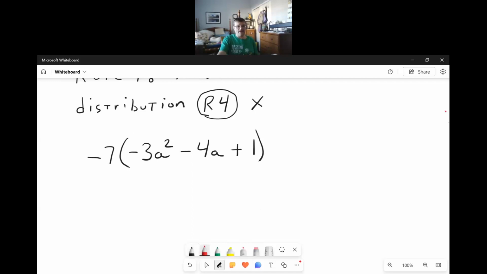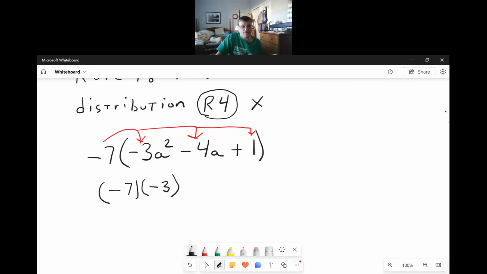So we're going to take this negative 7 and multiply it with everything that's inside the parentheses, with all the numbers there. And we're going to have it look like this. So negative 7 multiplied with negative 3 equals something. And then you're going to have that same negative 7 multiplied with the negative 4, equals. And then finally, negative 7 is going to get multiplied with the positive 1 on the end there, equals.